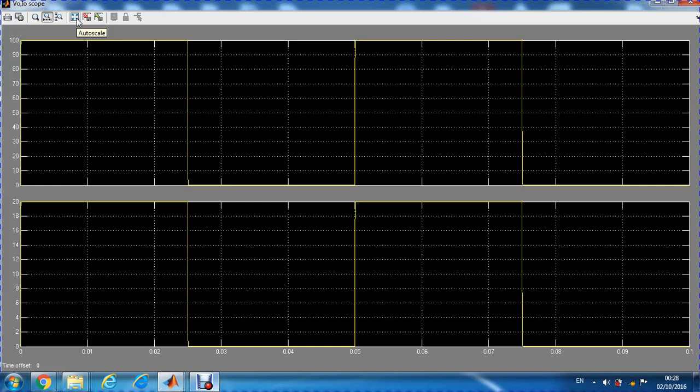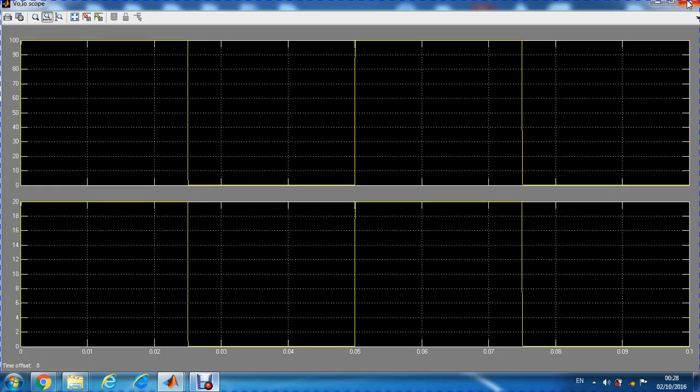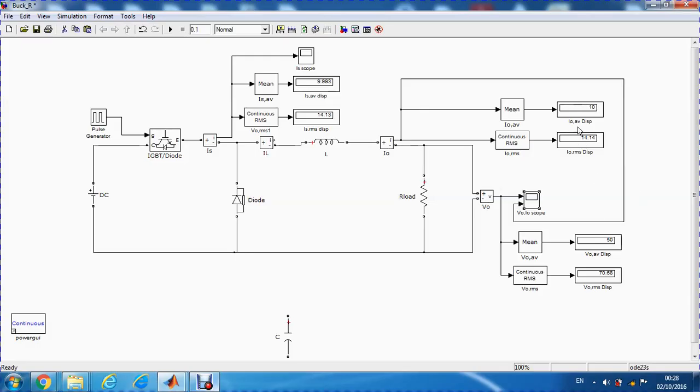There's not much change actually. I can see only a little change here, and that is because the value of the inductor is relatively small. And if we look back to the currents, it is the same as it was if there is only a resistive load.